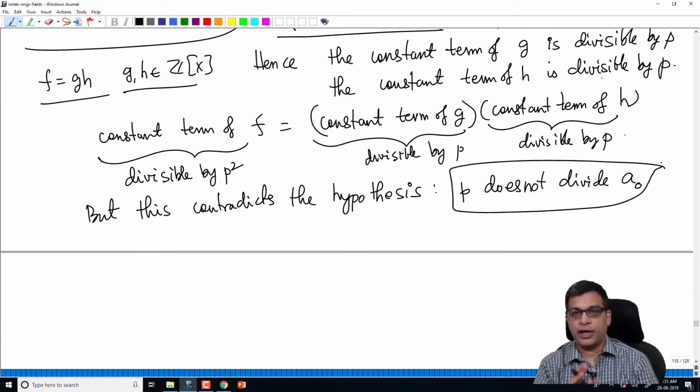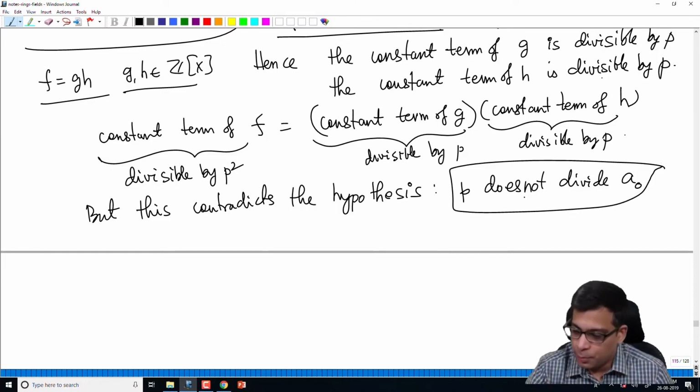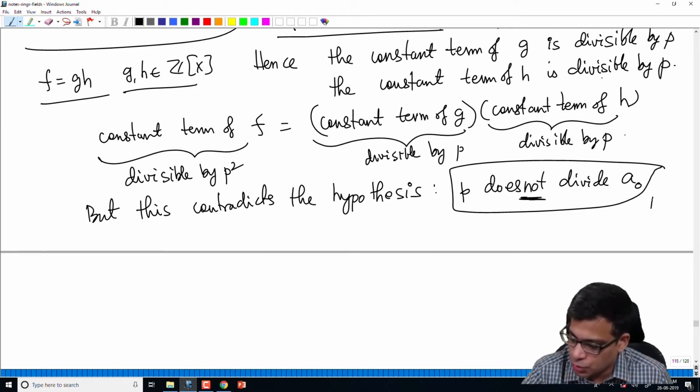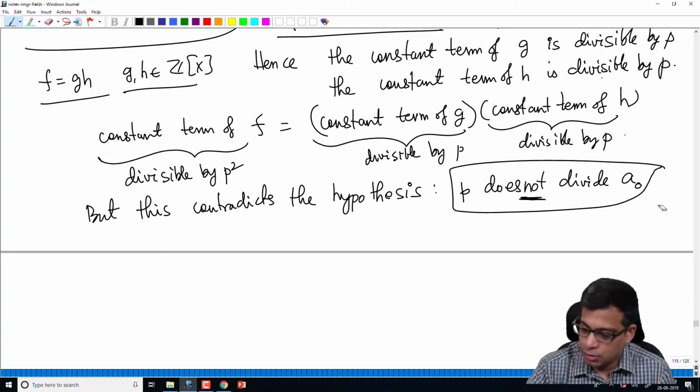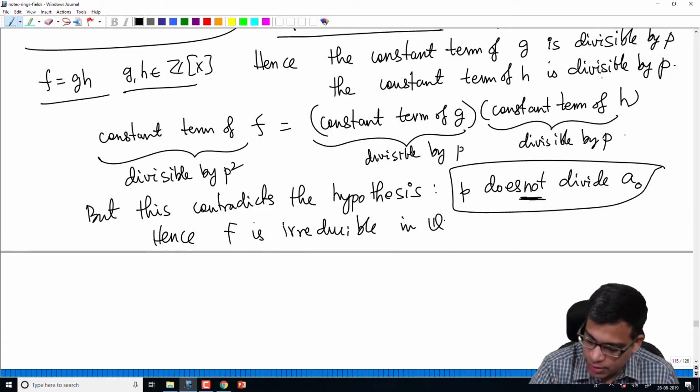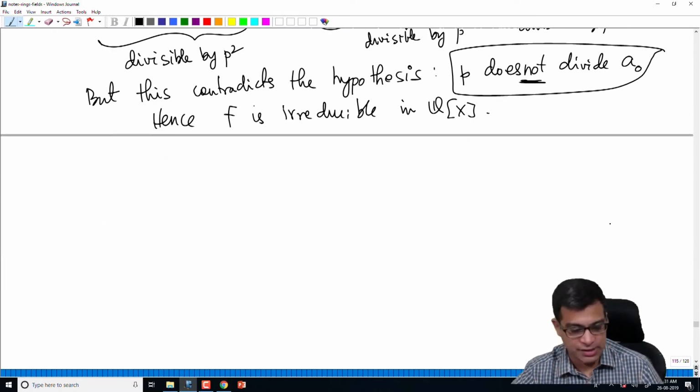Remember, I not only assumed that p divides a(n-1) up to a1, I also assumed that p does not divide a0. So now that gets the contradiction. So this proves that f is irreducible in Q[x]. Okay, so now this proves the first statement of the Eisenstein criterion.